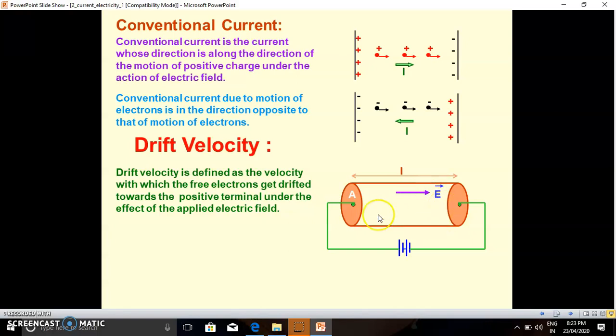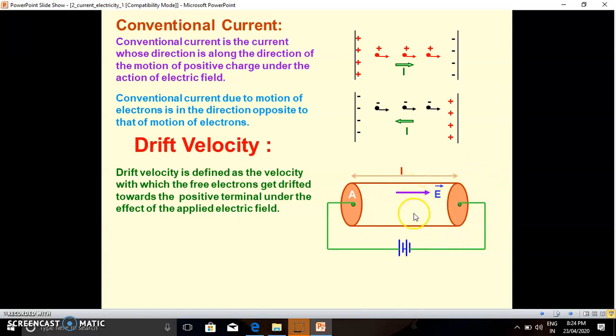As the metallic conductor contains a large number of free electrons, if you apply an electric field, then according to the definition of electric field intensity, E is equal to force upon charge. Here the charge on an electron is minus e. So the force is equal to minus e into E, isn't it?